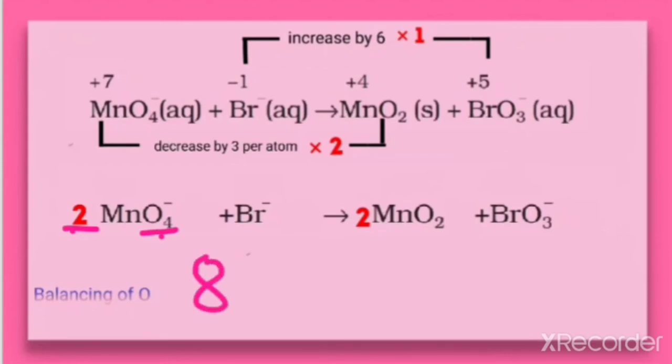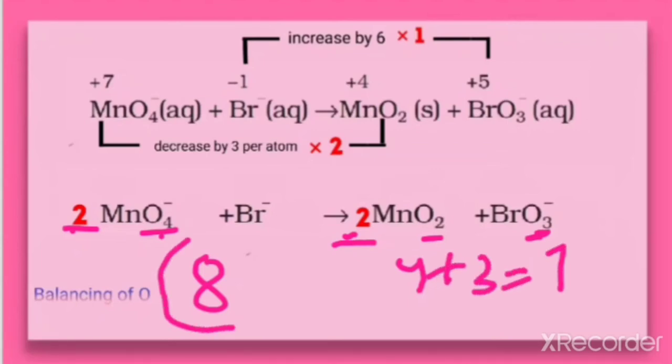So 8 oxygen are here. On the right hand side, there is 2 here and also O2, so 2 into 2 is 4, and here 3 oxygen are there, therefore 4 plus 3 is equal to 7. So 8 oxygen are on the left hand side and 7 oxygen are on the right hand side.